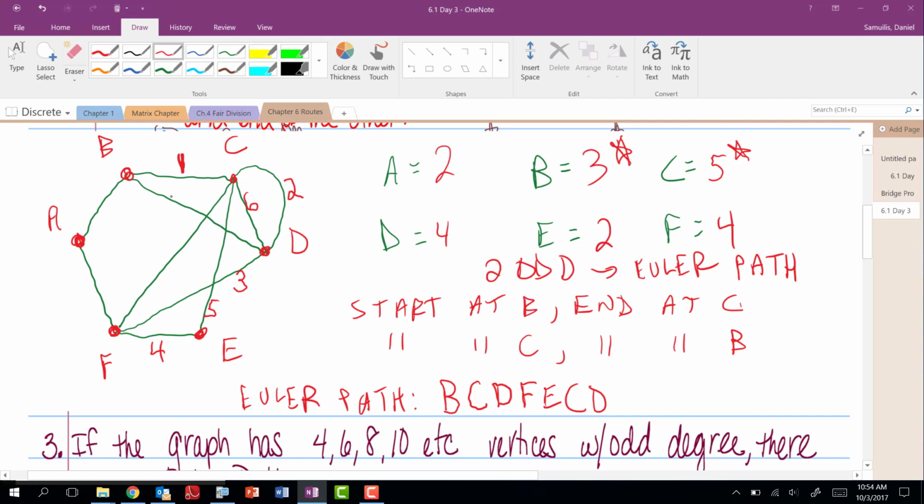I've used those, so I have to use this one. 7 to B. And then I have to use 8 to A. And then I have to use 9 to F. And then, because I used 4 and 3 here, I have to end at C.